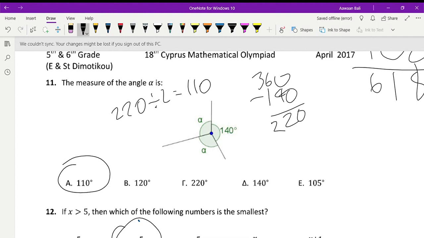And easily, you get the answer as 110 degrees, which is alpha. You basically just have to know the rules. Here, the rule you had to know is that a full circle is 360 degrees. Pretty simple, right? Okay, let us continue.